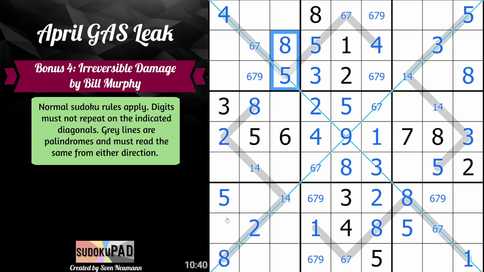Again, 8, 5, 8, 5, 8, 5. It feels like it wants to be roping, but actually, can it ever be roping?